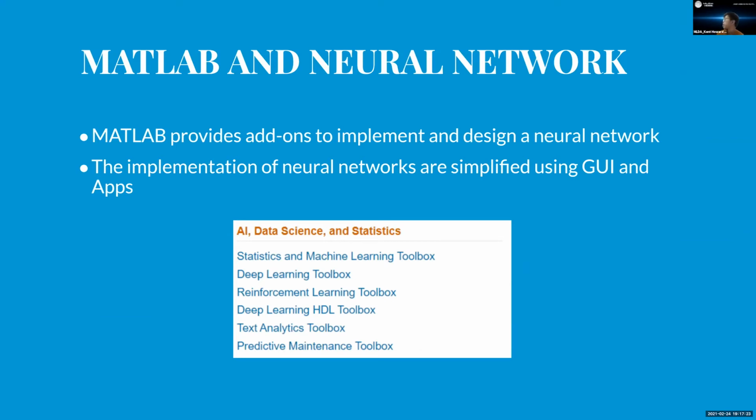For today, since we're using neural networks, we'll be using the deep learning toolbox, which I asked you to install in the poster or in the email I sent to promote this workshop. If you don't have it installed, it's okay. You can just follow along as I demonstrate, and you can try everything.